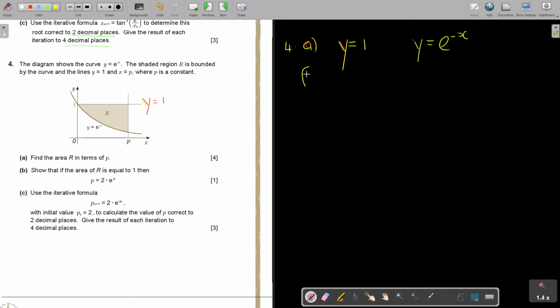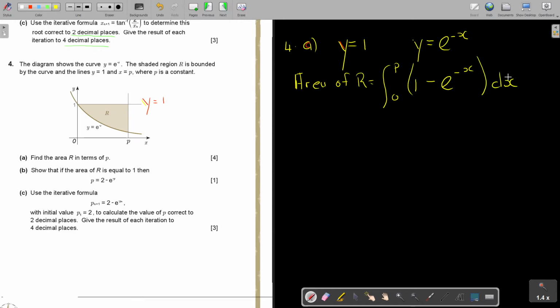So if I want to find the area, let's just go area of R, and it's between P and 0. Now, which one is on top? That is on top. So that's why I say 1 minus e to the power negative x. And remember, I integrate with respect to x.